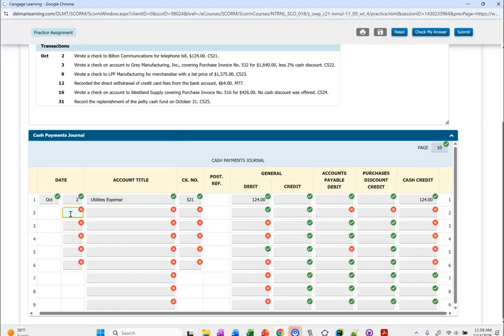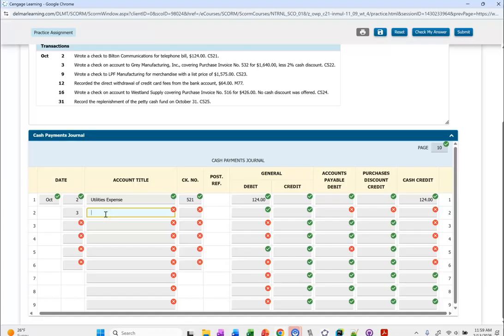Next transaction says October 3rd, wrote a check on account to Gray Manufacturing Incorporated covering purchases invoice 532 for $1,640, less 2% cash discount using check 522. So the date here should be the 3rd.